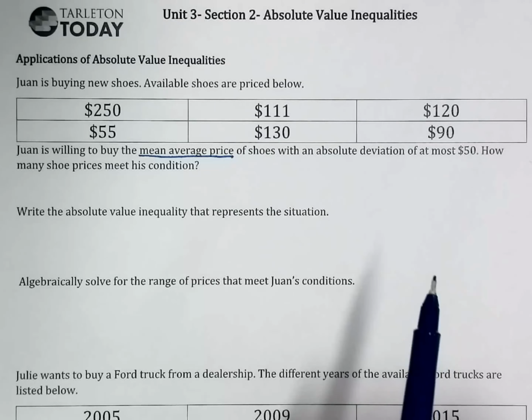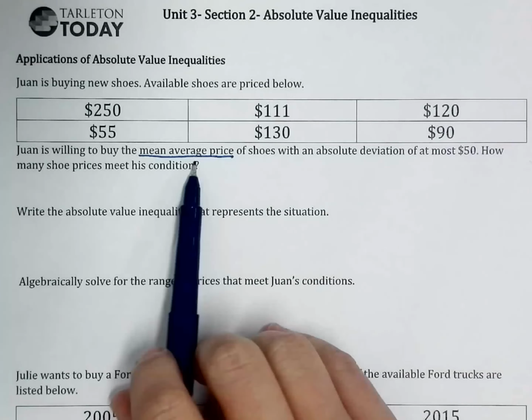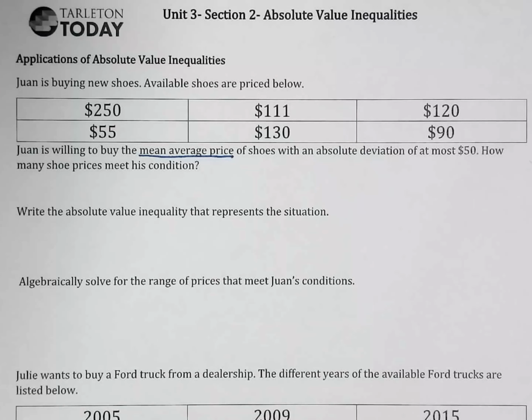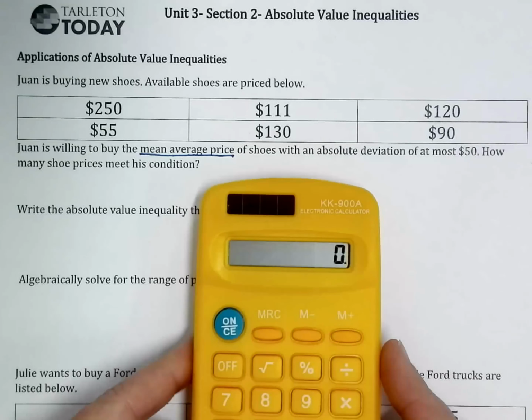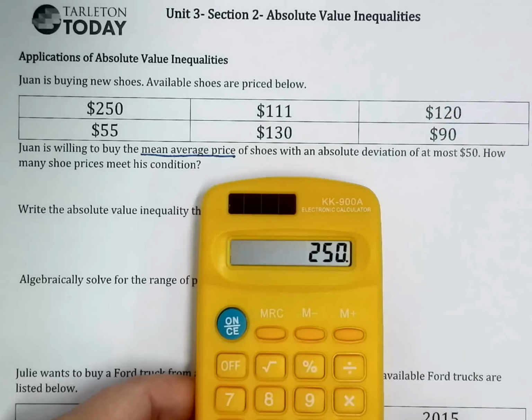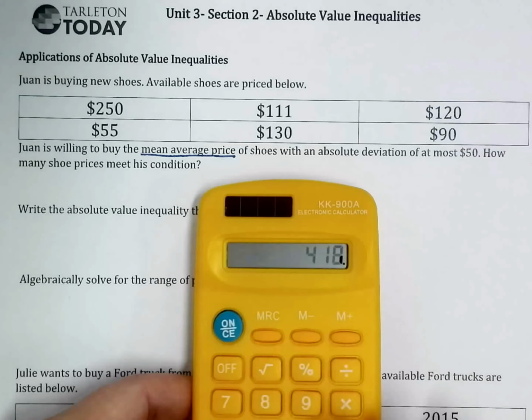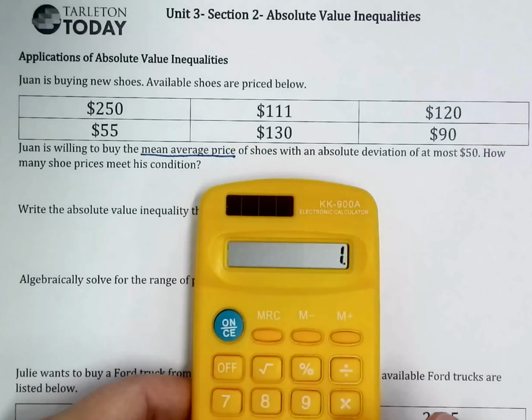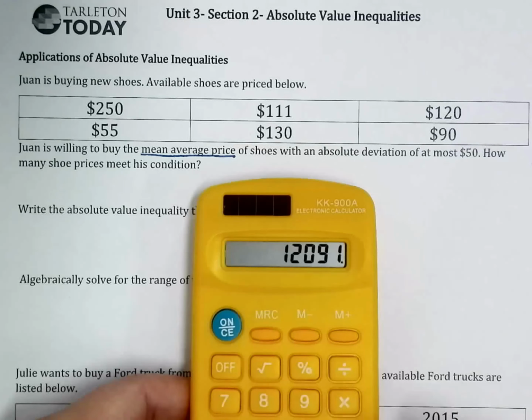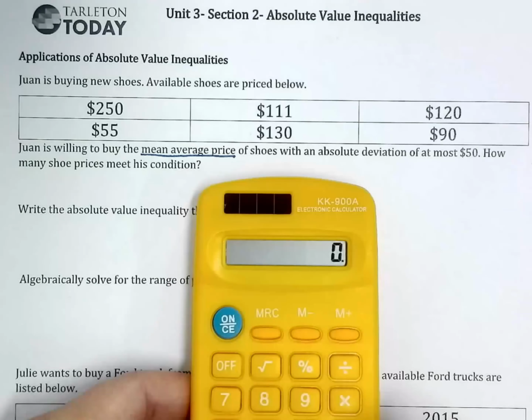Okay, so we need to find the average price here of all these shoes. Good thing we have this awesome high tech calculator right there. So I'm going to add them all up, and then I'm going to divide by 6. Well, I made a boo-boo.